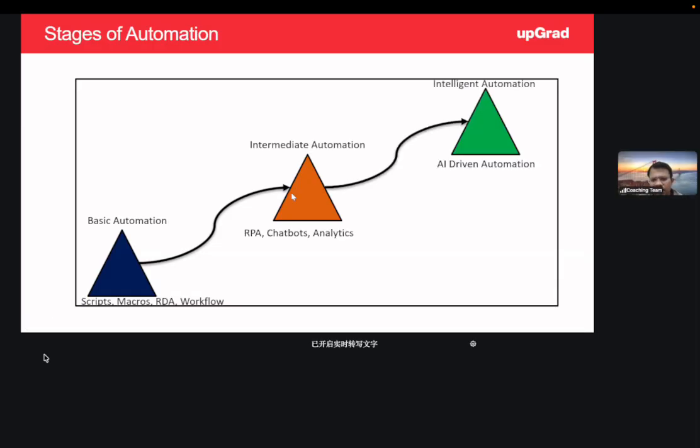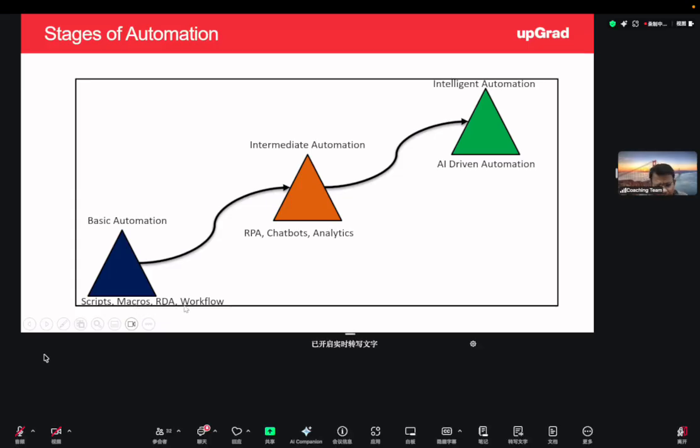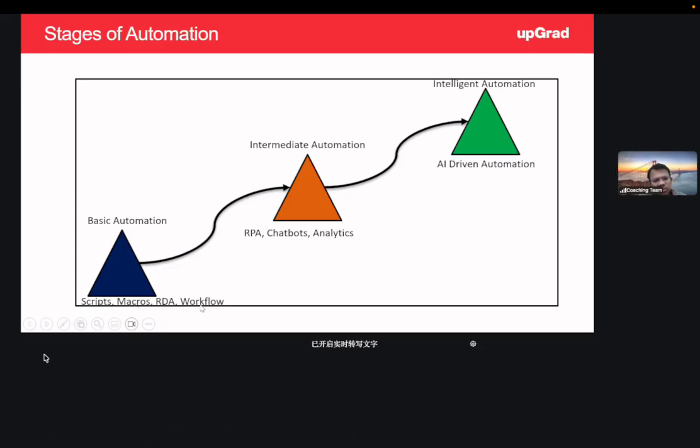And then finally, AI-driven automation, that is intelligent, right? So we start with basic automation where we deal with scripts, macros, RDA, remote desktop automation, and workflow automation. And then intermediate automation is one where we talk about RPA, chatbots, and doing some analytics.